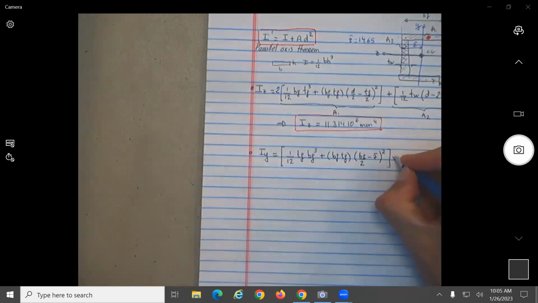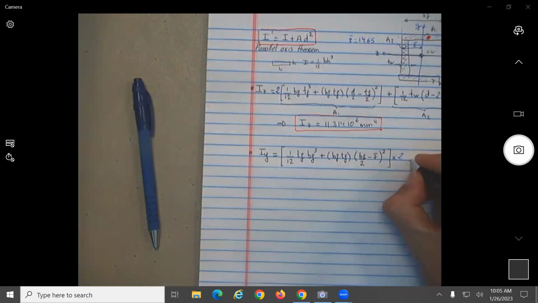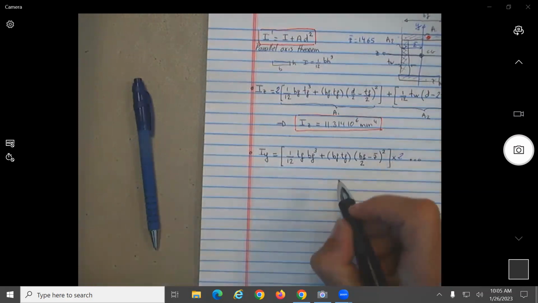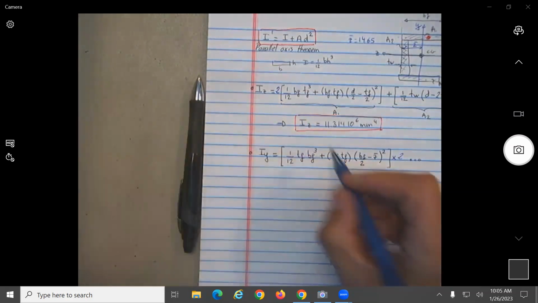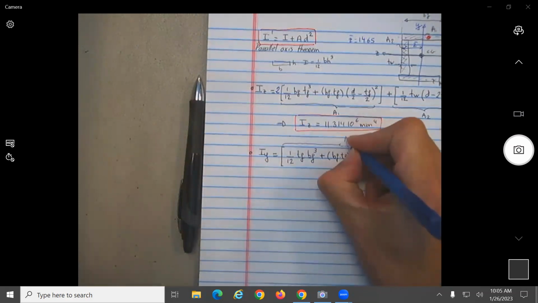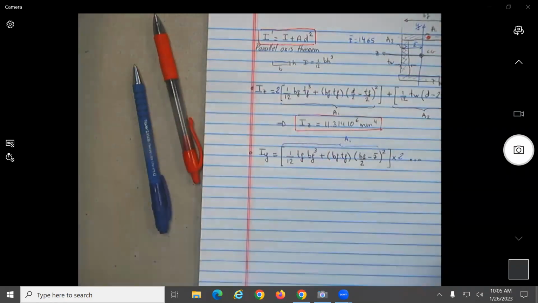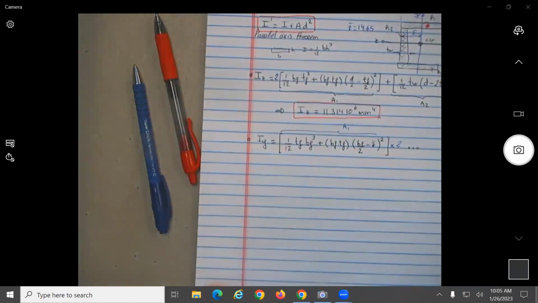I don't have space to do it here at the before, so this time I do it next. So again, this should be for A1. Yes, times 2.